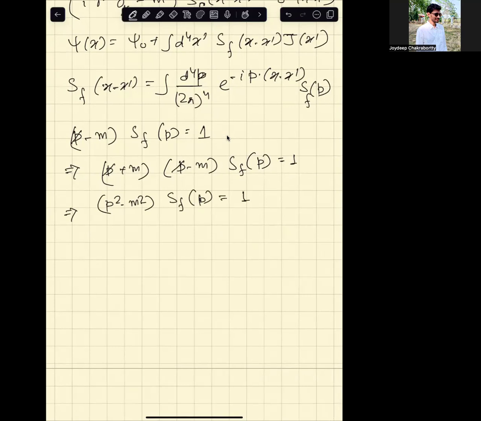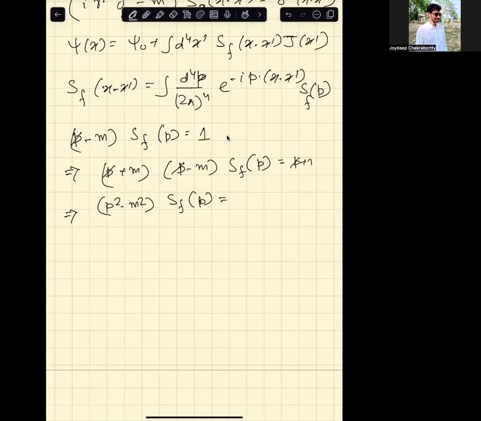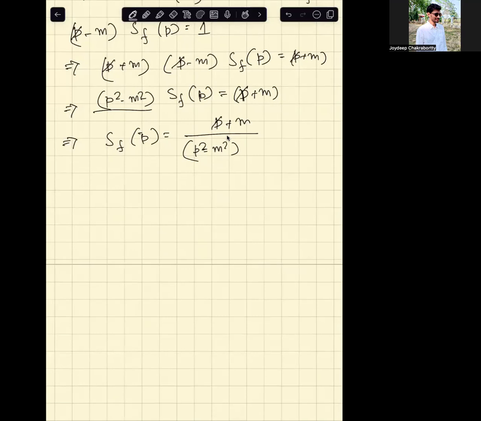So I can invert this operator and write down the momentum-space operator (p̸ + m)/(p² − m²). So this is my fermion propagator.